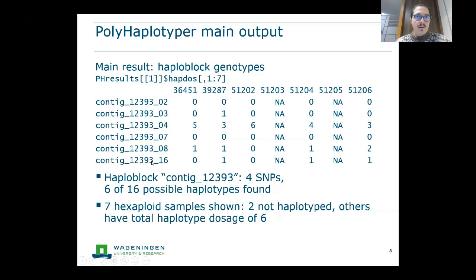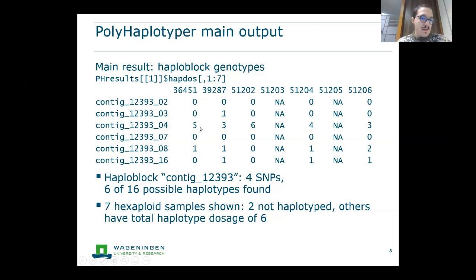If you have 6 SNPs, I think there are 16 possible haplotypes in this result, for example. So the haplotypes are numbered in binary order, if that makes sense. But in this case, for example, it found that there's only 6 haplotypes that were observed in the population out of the 16 possible.